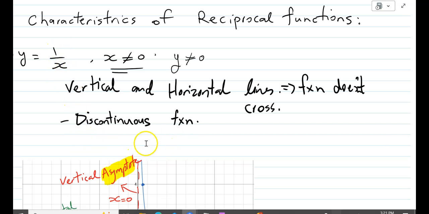Reciprocal functions, sometimes, for example, 1 over x squared, that is not a discontinuous function. Okay, so those are the 3 major characteristics of reciprocal functions, and especially 1 over x, because we call this the parent function for reciprocal functions, and after this we can add many more.